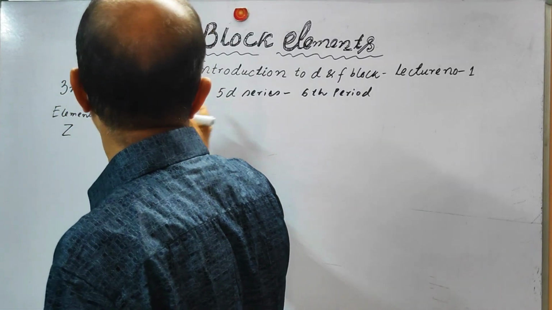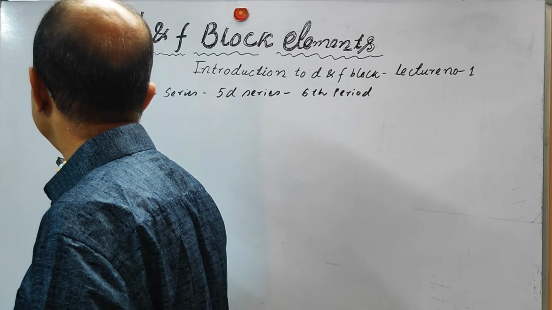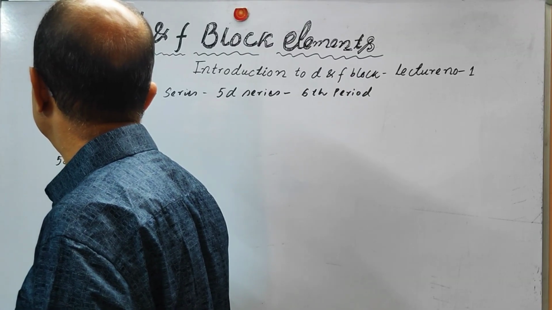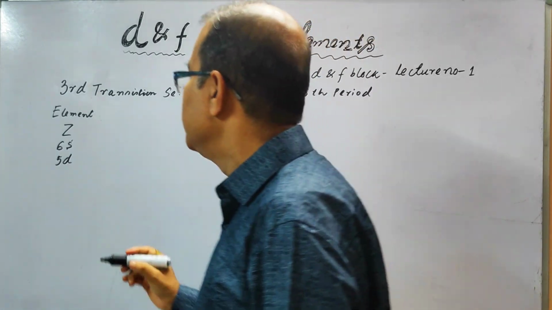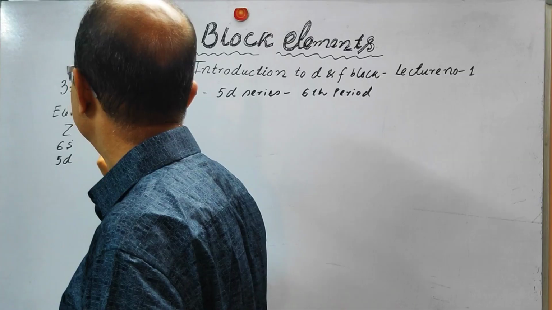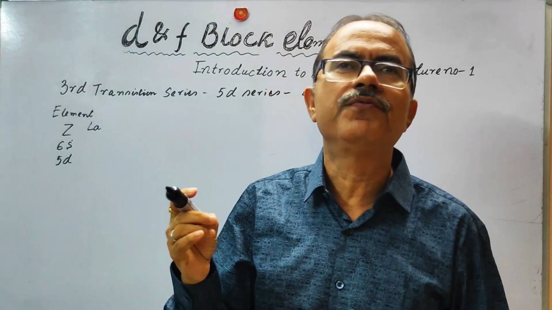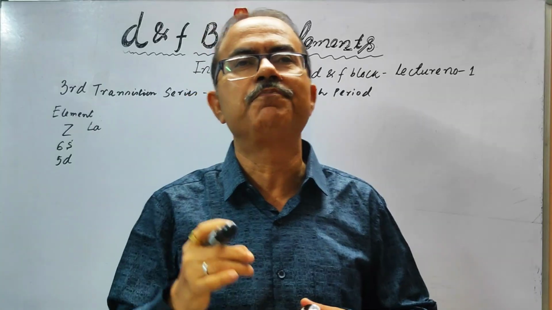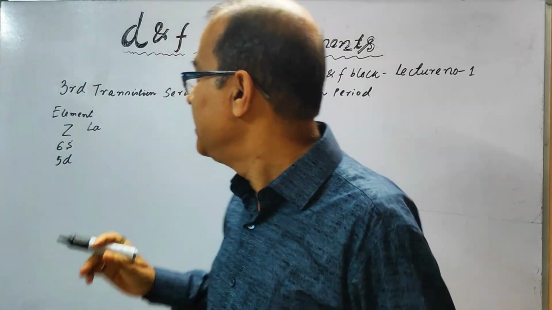The 6s will be filled first, then the 5d. 6s is already filled now. In this case the first element is lanthanum, and after lanthanum there is the start of another very important class of elements, the 4f elements.